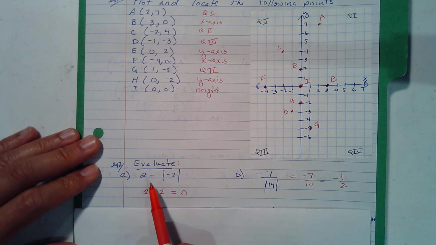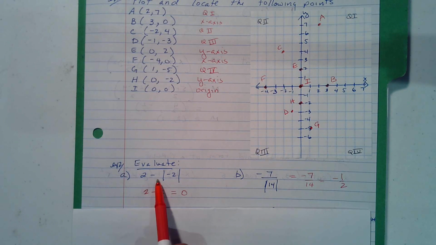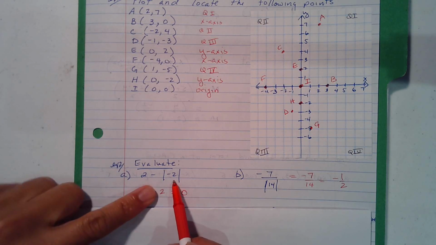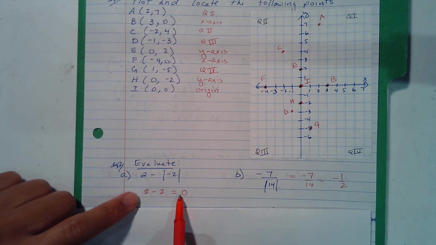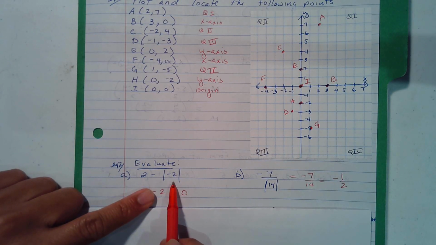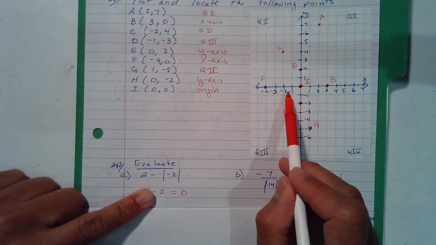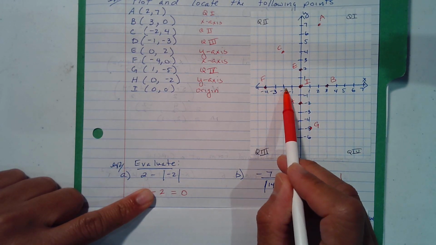Alright, so in example 2 it says evaluate 2 minus the absolute value of -2. Bring down the 2, the minus, the absolute value of -2 is 2. So 2 minus 2 is 0. Remember, absolute value is the distance from 0. So if this is -2, how many steps is that away from 0?